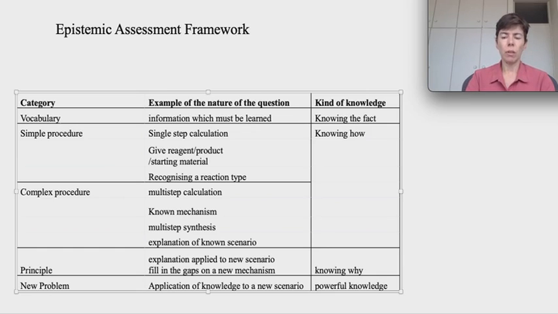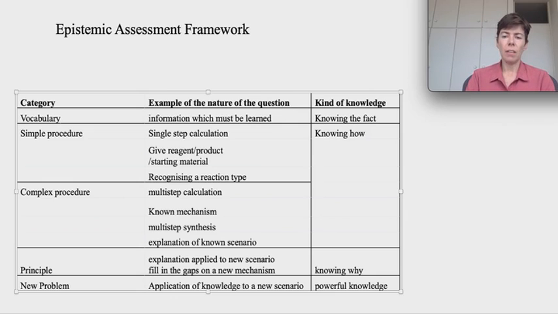So for example, knowing that Na is sodium would be one of those things that would fall within the vocabulary of chemistry. Now, in chemistry, that may also be understanding things like line structures and understanding what a chemical formula means. So there may be symbols involved there, and it may also be particularly like remembering a particular formula.